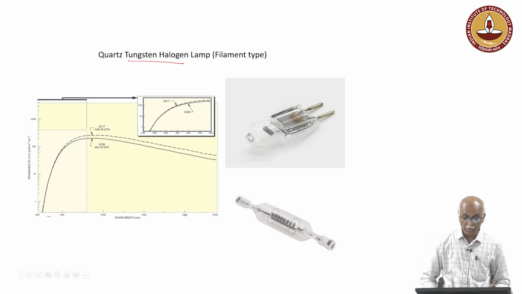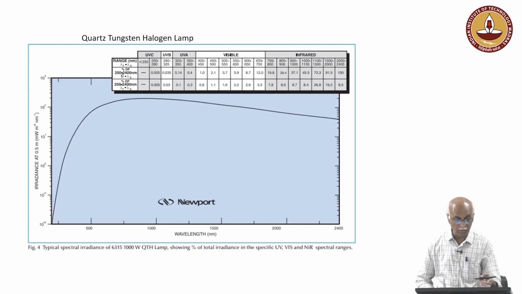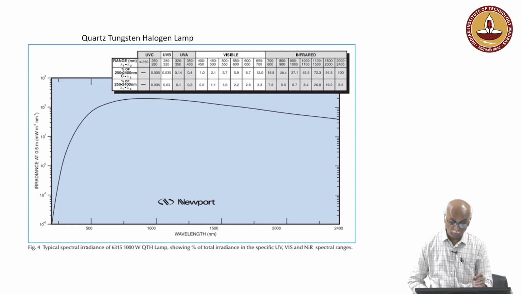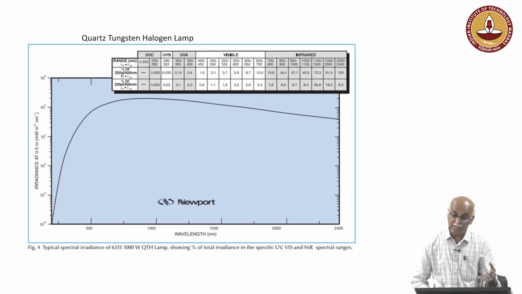Depending upon our applications, it can be used. This is the quartz tungsten halogen lamp; you can see it is a flat beam. This type of source is useful for calibration purposes, because the spectrum is very well defined.